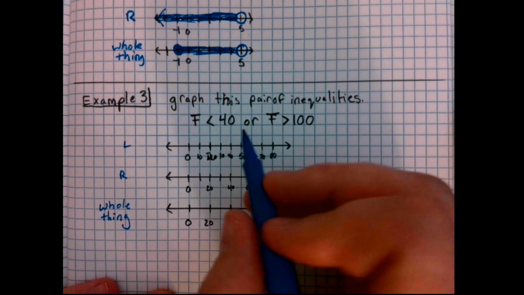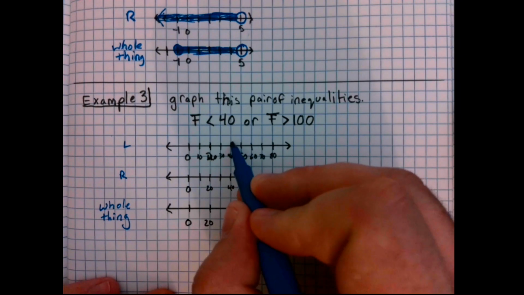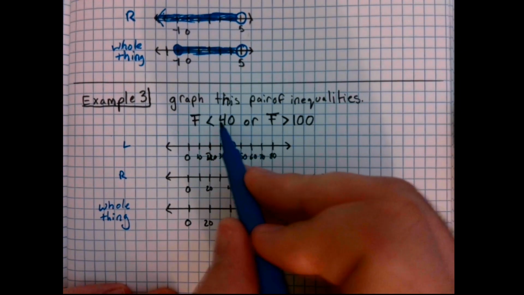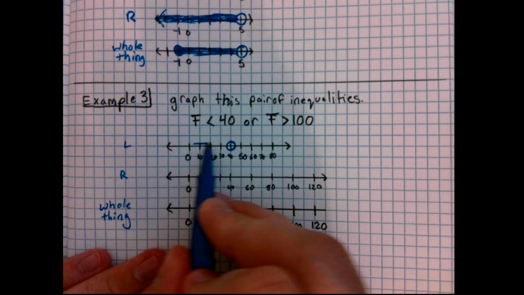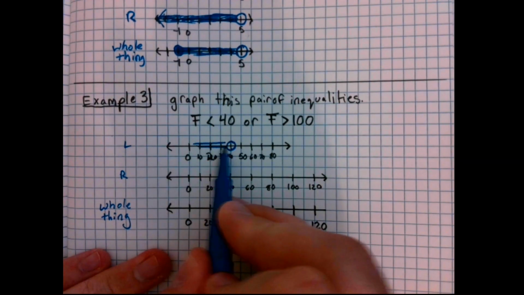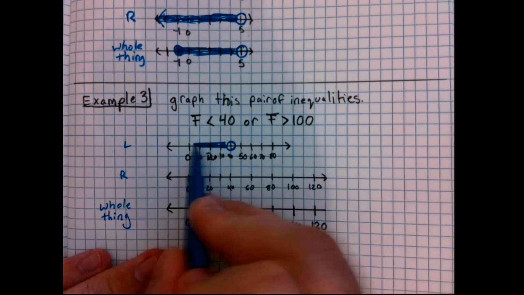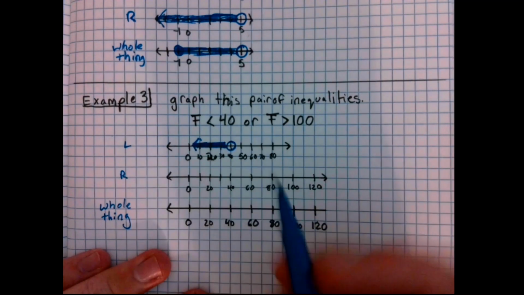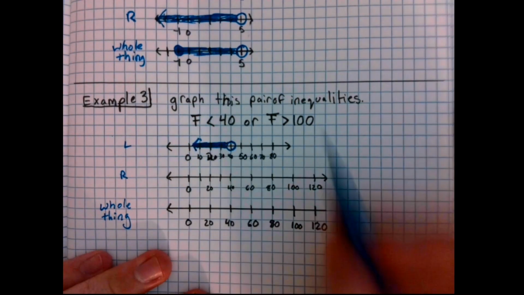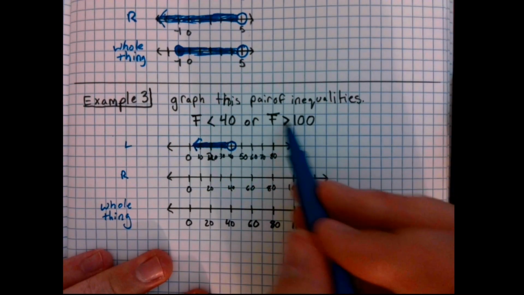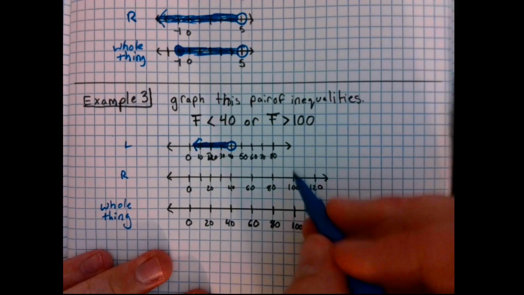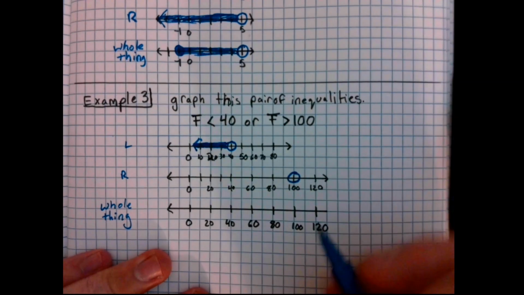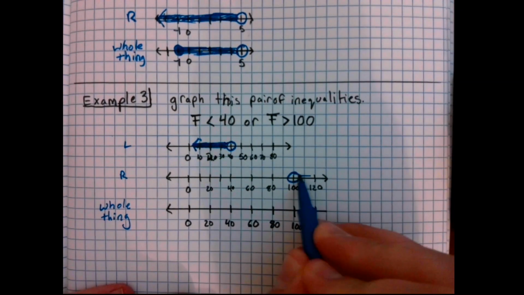So we're going to put an open dot on 40. It is less than, so it's going to the left. Our right-hand one is t is greater than 100. So I'm going to put an open dot on 100, and I'm going to move to the right.